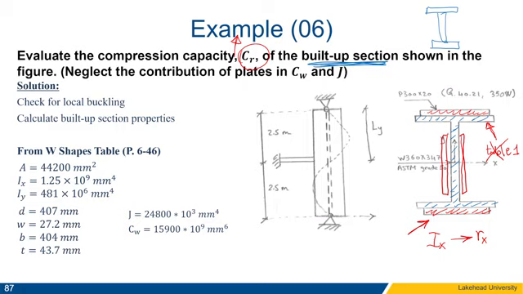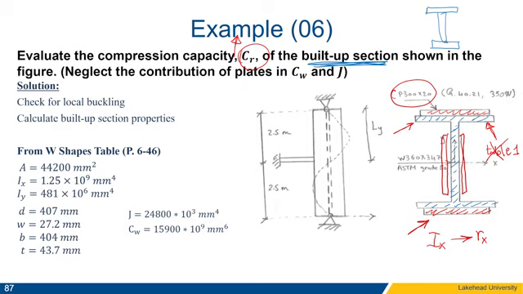In that case, and this is important, we will check the local buckling of the plate, not the flange. Why? We used to check the buckling of the flange when it relies on its own, but if it is supported by a plate, we just check the local buckling of the plate.